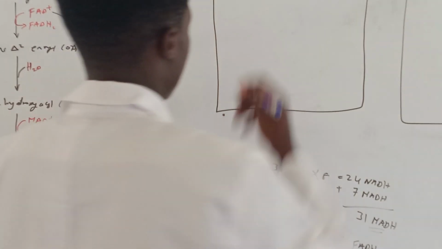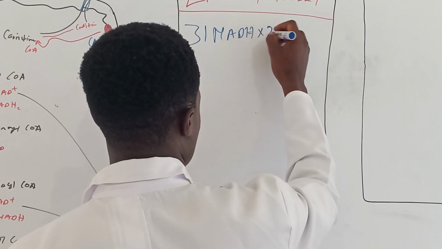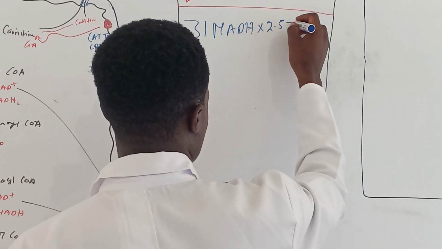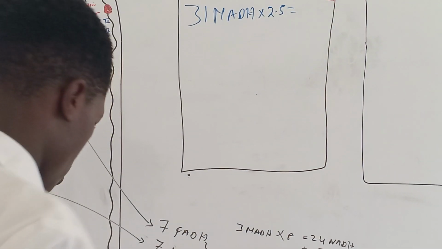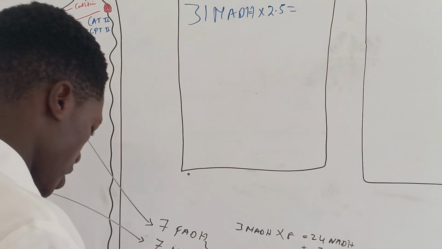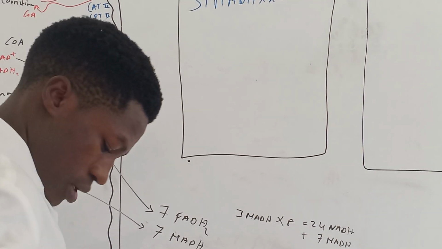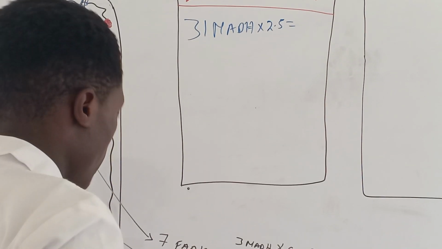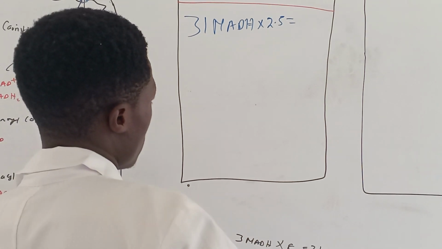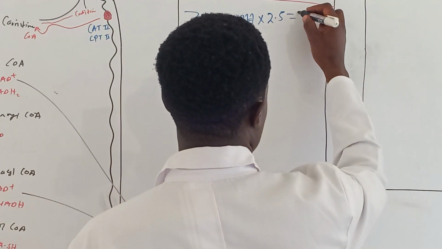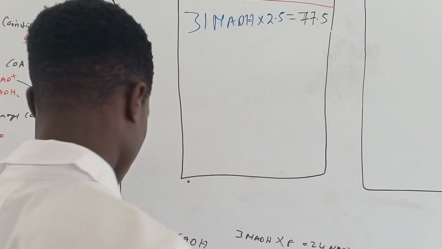So we're going to multiply that 1 NADH times 2.5. Let us do that very quickly. 31 NADH times 2.5, that's going to give us 77.5 ATPs.